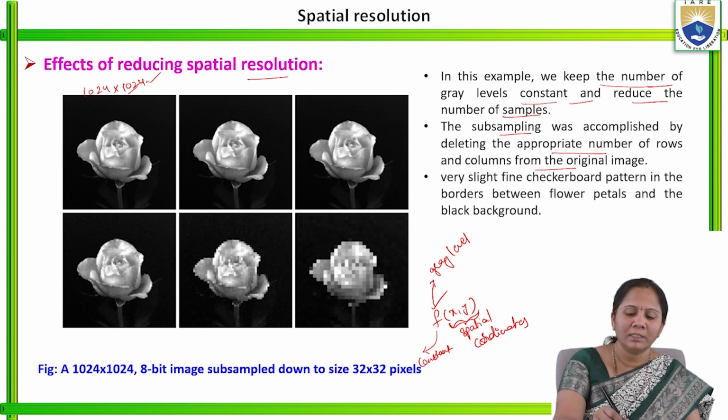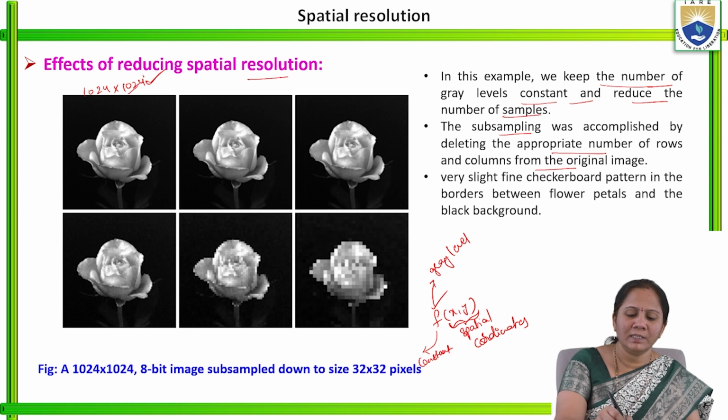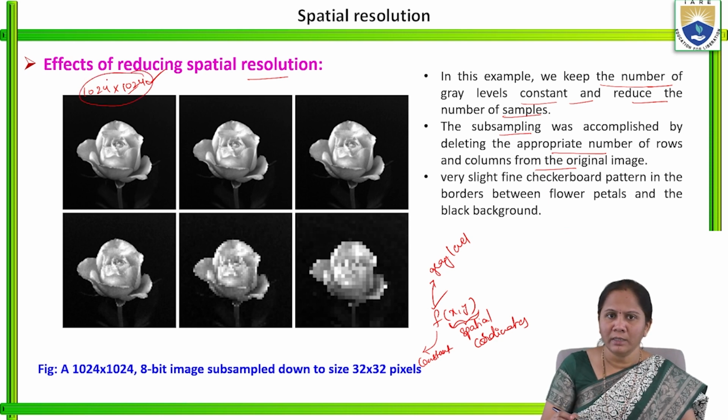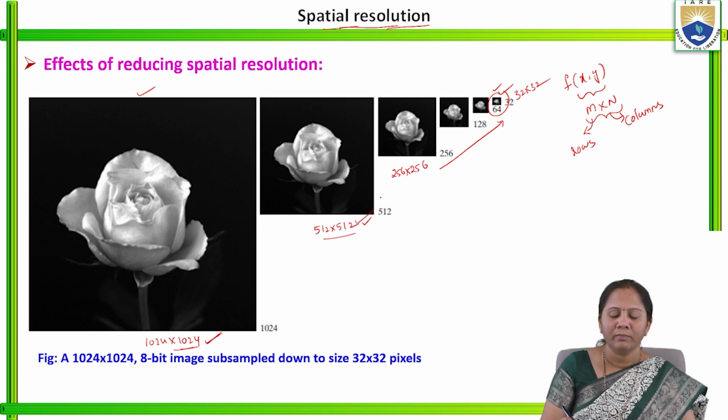If we consider 1024 by 1024 as the original image and delete rows and columns, it will be reduced to 512 by 512.